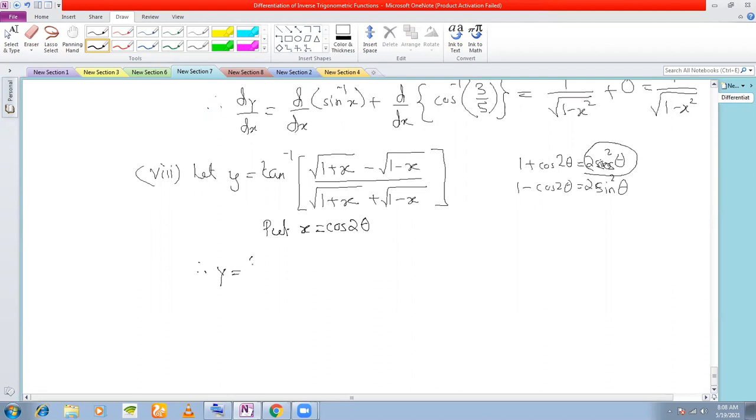Therefore, y must be equal to tan inverse of root 1 plus cos 2 theta, which is 2 cos squared theta, minus root 1 minus cos 2 theta, which is 2 sine squared theta.